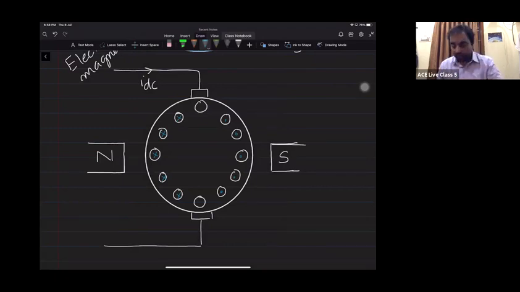The other possibility is this side carries dot and the other side cross. Only these two possibilities exist for your armature winding. Here, with respect to me, the left-hand side carries the cross and the right-hand side the dot. Cross means into, dot means outwards. If not, the opposite will happen. Is it clear? Confirm me.